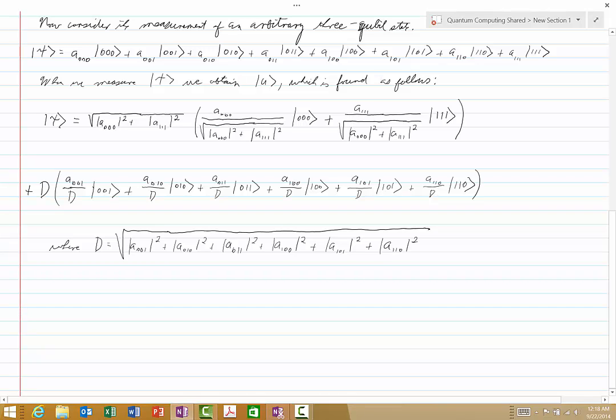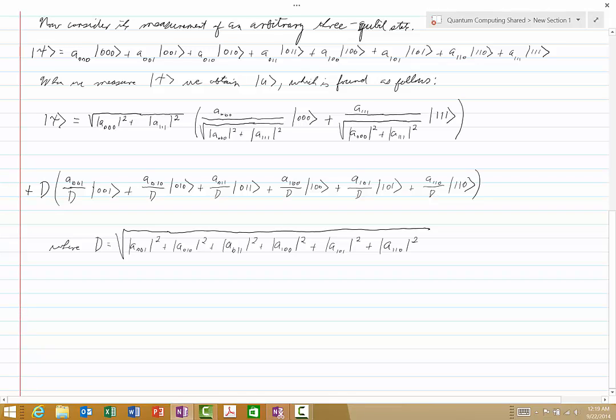And similarly, for the remaining 6 terms that fall in S2, we group all of them together. And if we take the square root of the magnitude squared of A001 and A010 and A011 and all the rest of these, we take the square root of that, divide each one of those coefficients by that quantity, which I've called D, and then again, to maintain equality with what we have up here, if we're going to divide by D, we must multiply by D, and so we will obtain this.